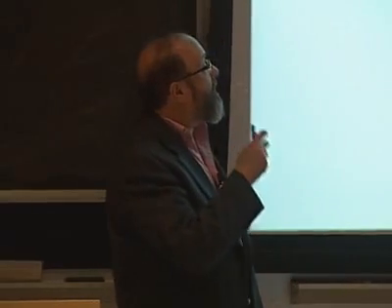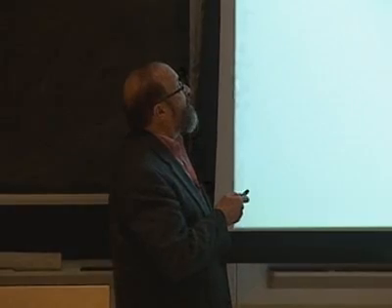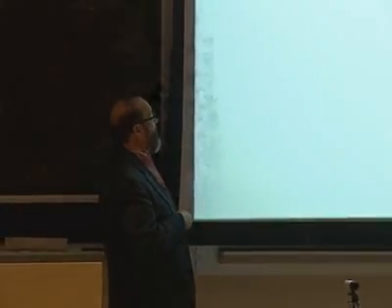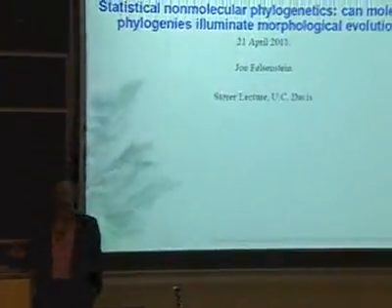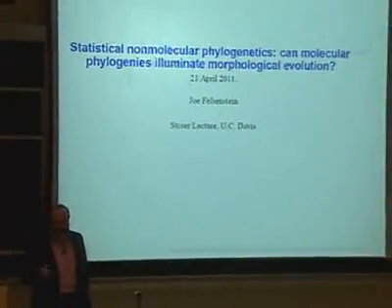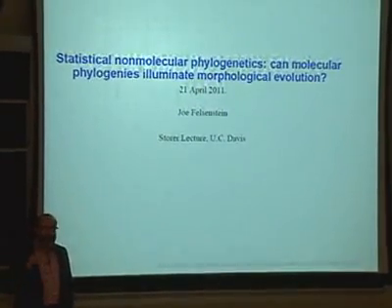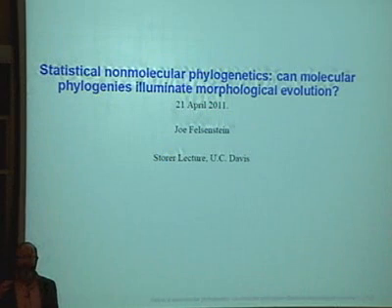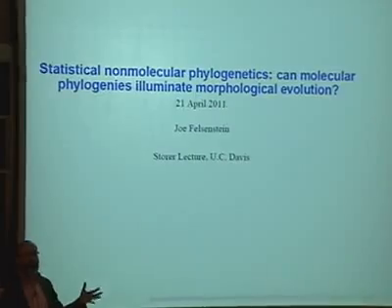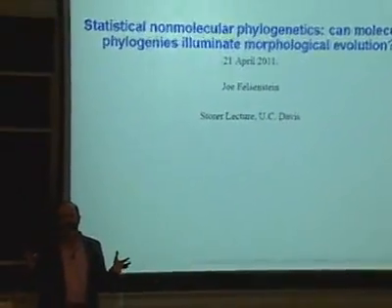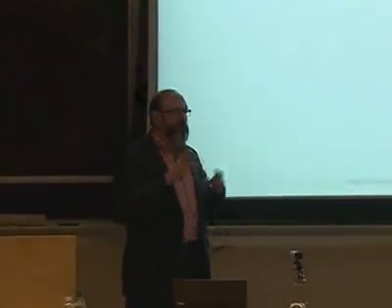And the title is Statistical Non-Molecular Phylogenetics. Can molecular phylogenetics illuminate morphological evolution? Obviously, the answer is going to be yes, otherwise I wouldn't be here giving the talk. And what I want to do is to tell you a little bit about situations in which we have a molecular phylogeny, and this molecular phylogeny is assumed to be pretty perfect, fairly good.